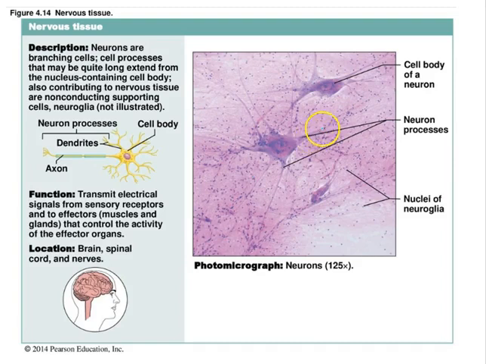And then this single long cytoplasmic extension is called the axon, which conducts the electrical impulses away from the soma and toward other neurons, muscles, or glands. And look at these very tiny dark dots found around the neurons. These are the nuclei of neuroglia.